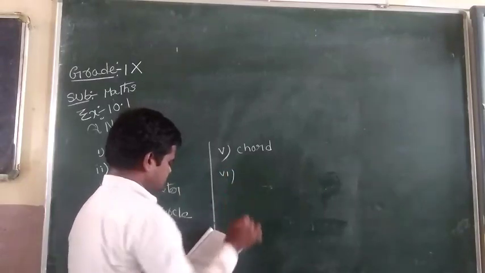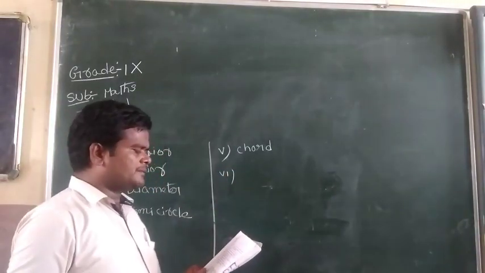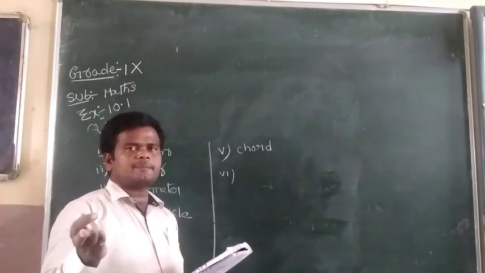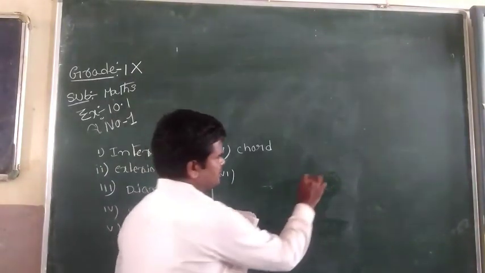And the sixth one: a circle divides the plane on which it lies into how many parts? Here this is the plane.